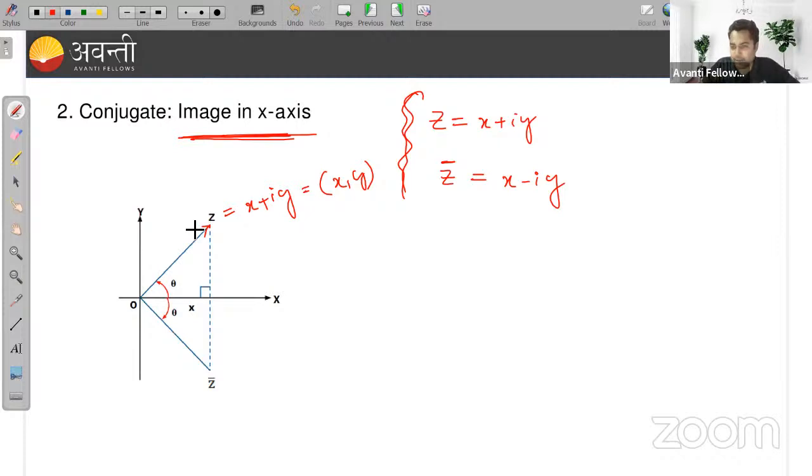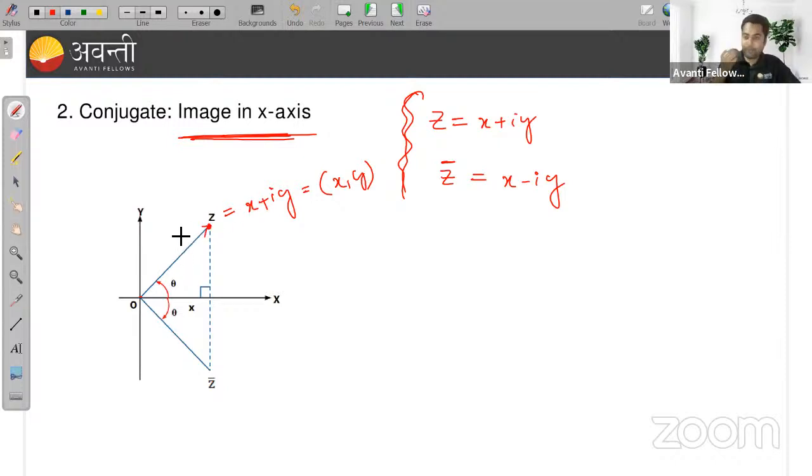Complex numbers behave like a vector, as you have already studied in physics. To reach this point, you need to cover this distance on the x-axis, then this distance on the y-axis. This is the behavior of a vector.